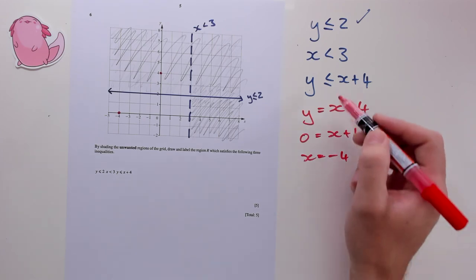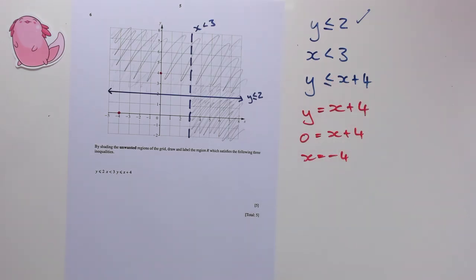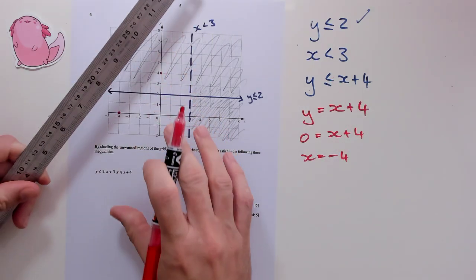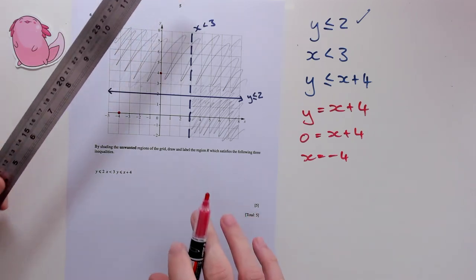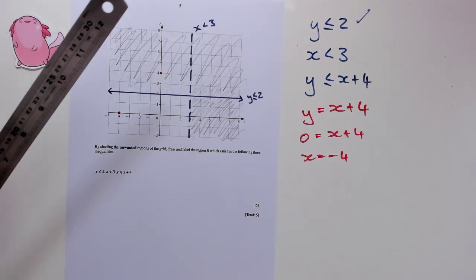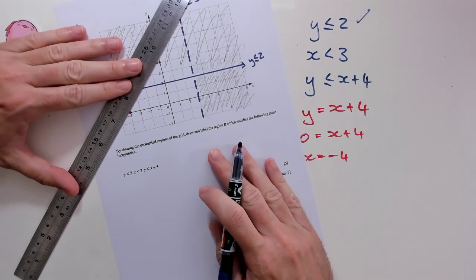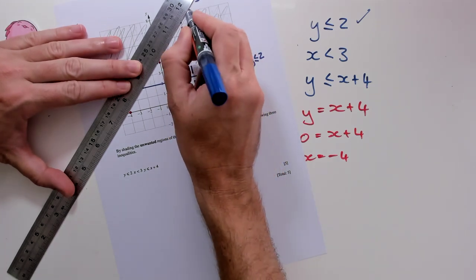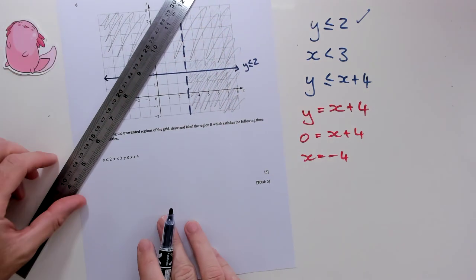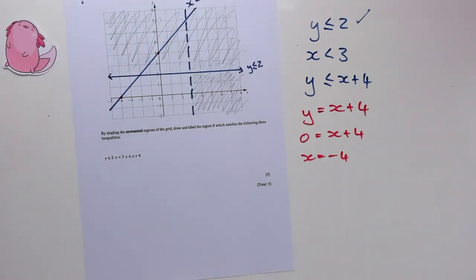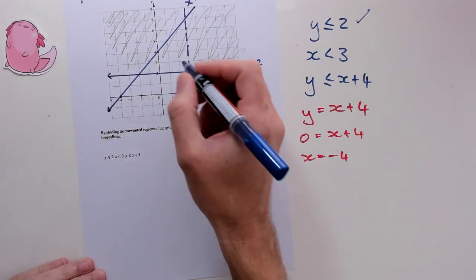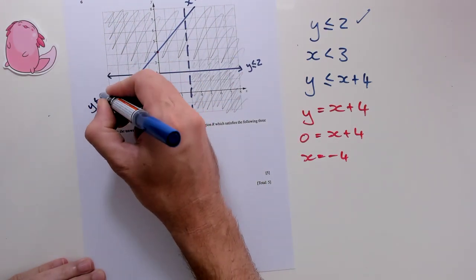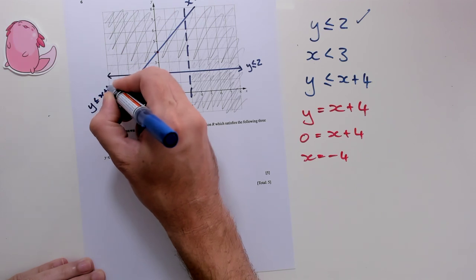And then I will have to draw a solid line again. Let me just draw the line. Let's keep everything the same color. We draw a solid line, and this is Y is smaller or equal to X plus 4.